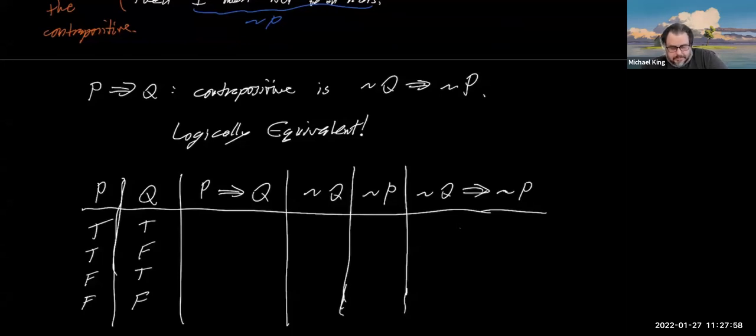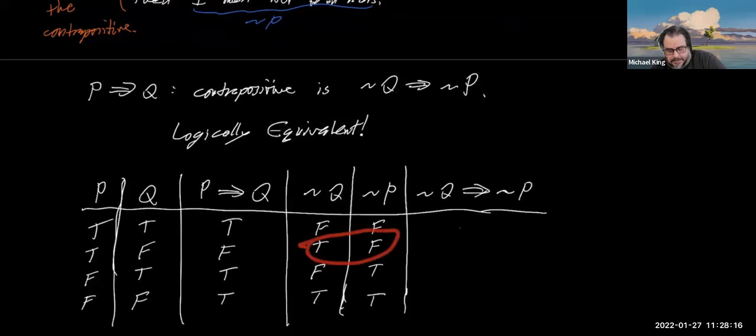We said this truth table was true, false, true, true for P implies Q. So if I negate Q and I negate P, and now I do the implication, the only one that's bad is when true implies false. True implies false is the only way you get false.